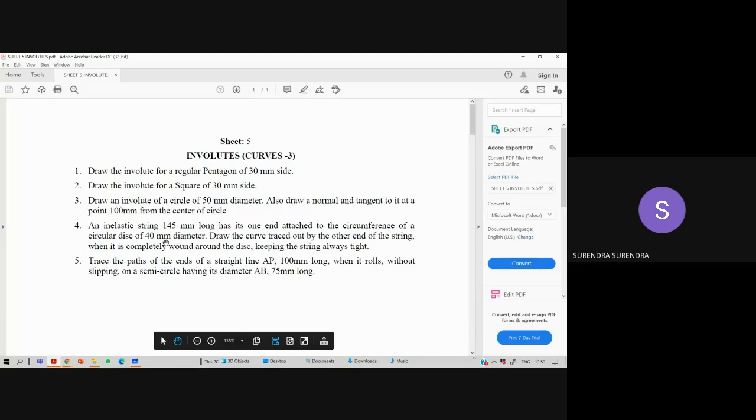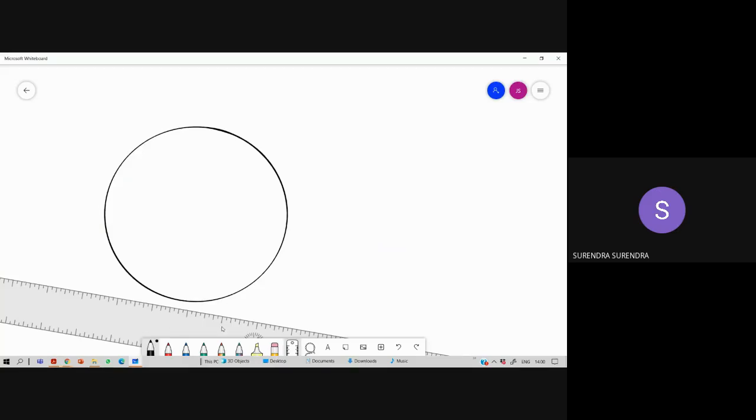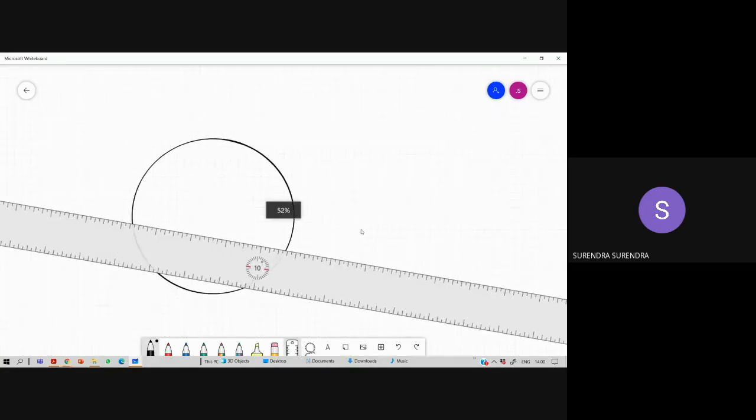Now, what is the circumference of the circle? Pi into 40. Calculate the value. It is 125.67 mm. Yes, it is 125.67. But here the length of the string is given as 145 mm.